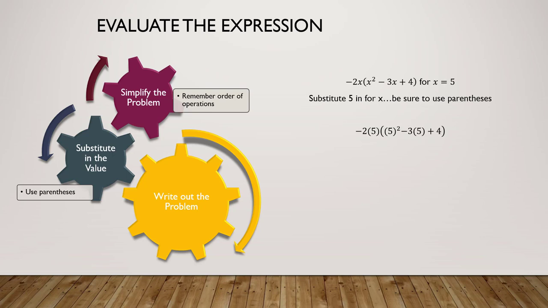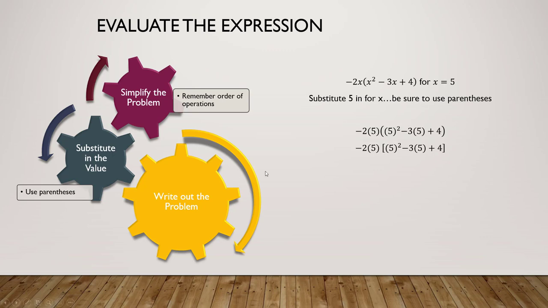In many cases, that double parentheses would be replaced by what's known as a square bracket. So we would have -2 times the quantity 5, and then a square bracket, and inside of that, the quantity 5 squared minus 3 times the quantity 5 plus 4, and the square bracket.